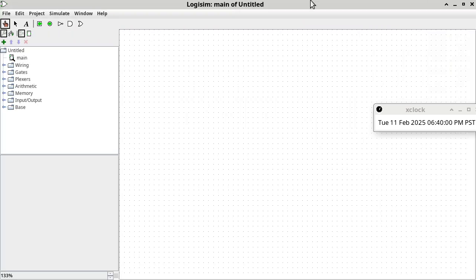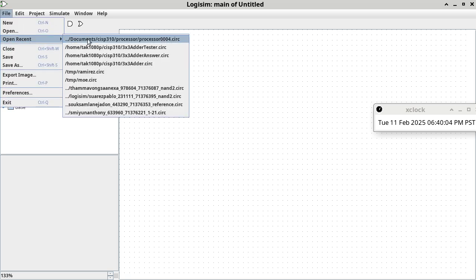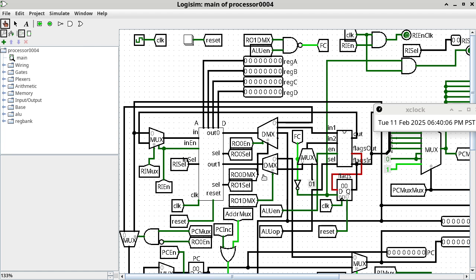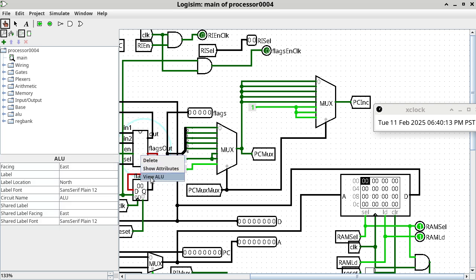This is the ALU. And by the way, this is our processor. This is what we'll be programming for the second half of the semester.